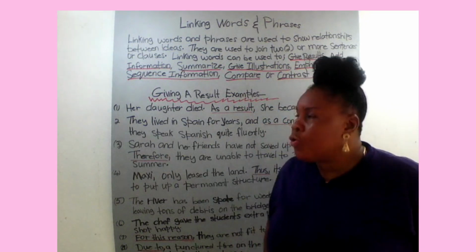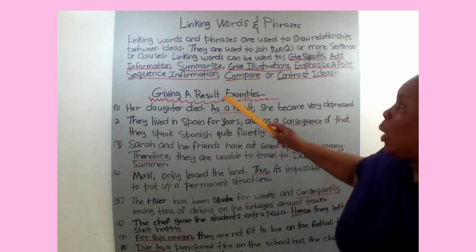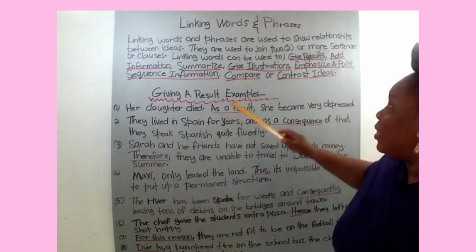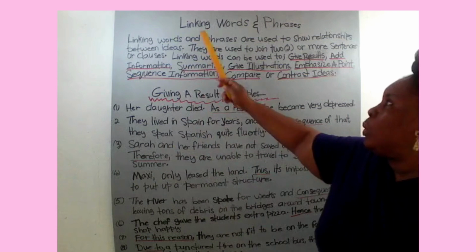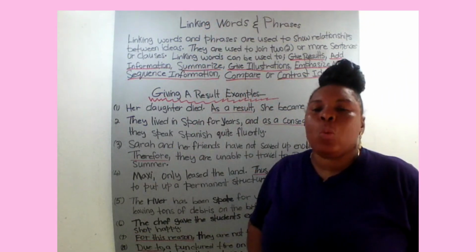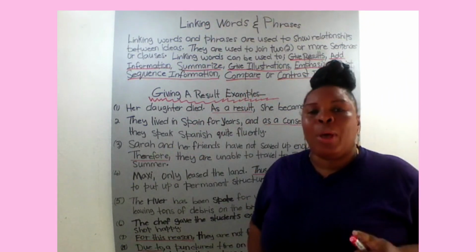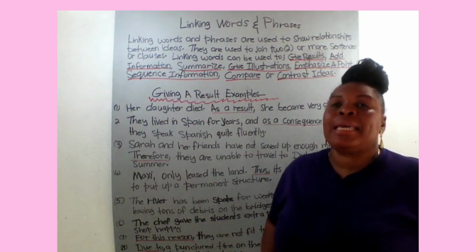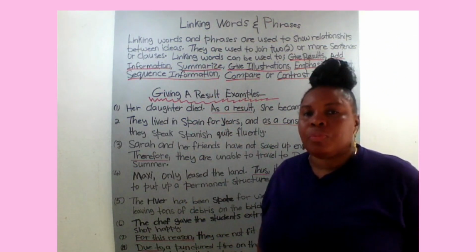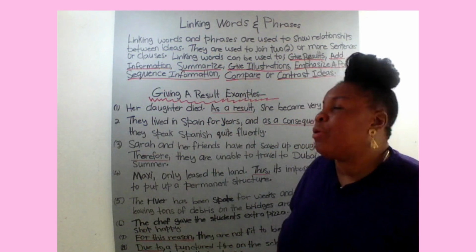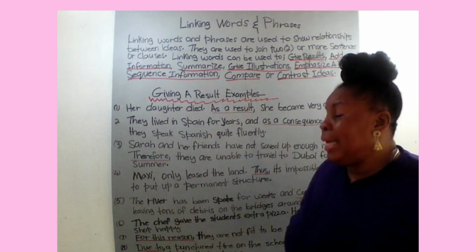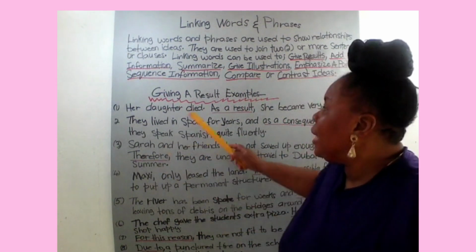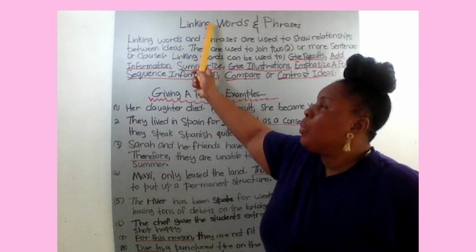As you have seen here, I've underlined in red the different listings that you can use with linking words and phrases. However, today we're only going to be dealing with giving a result, right? I have 8 examples here that you can pull from in giving a result.